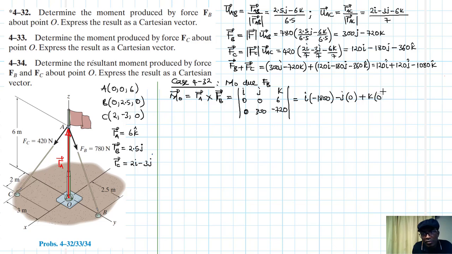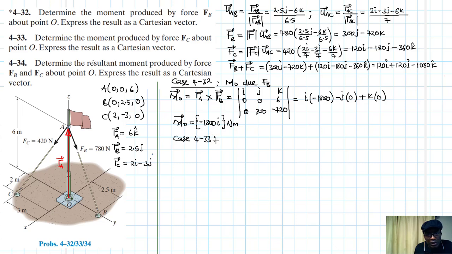We also have a 0. Therefore, MO due to FB is just going to be equal to minus 1800 I, Newton meters.